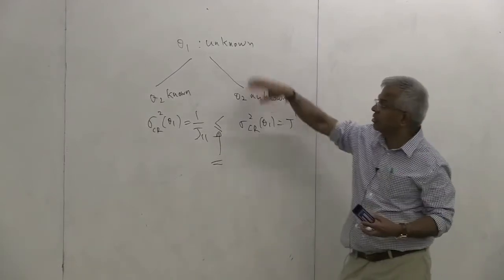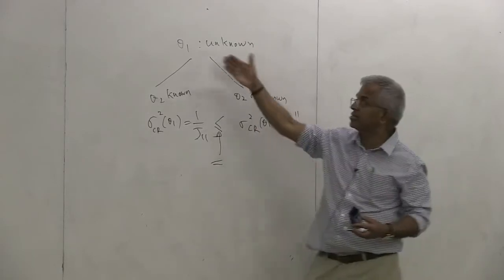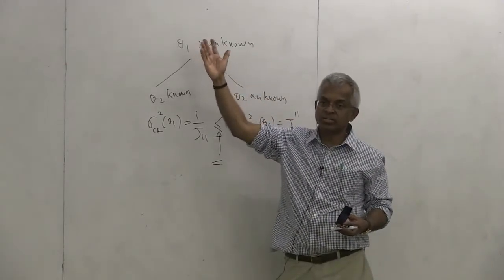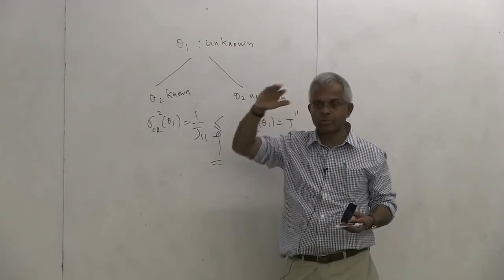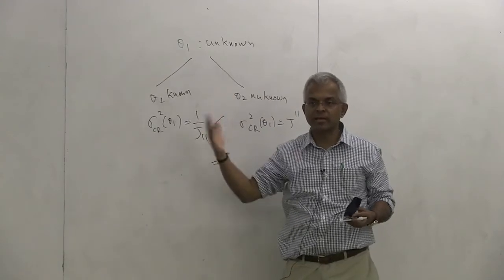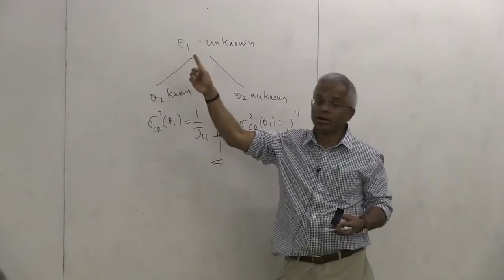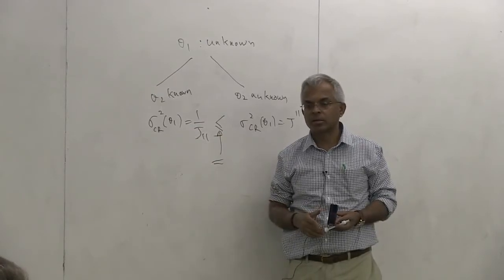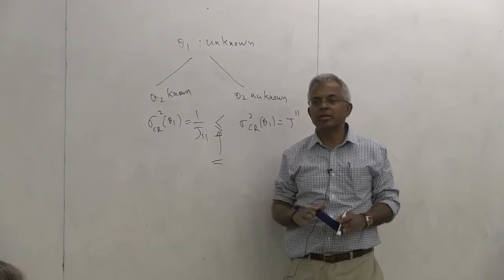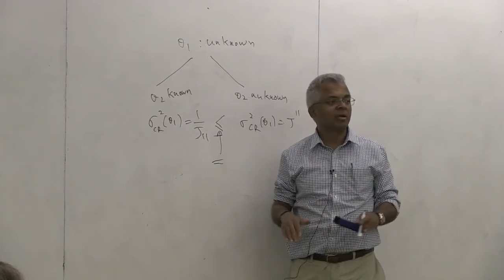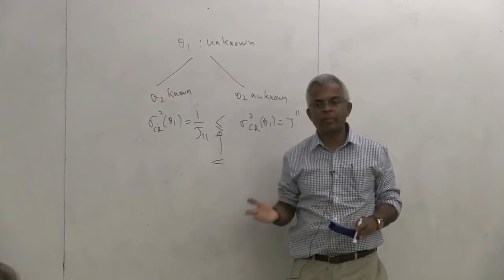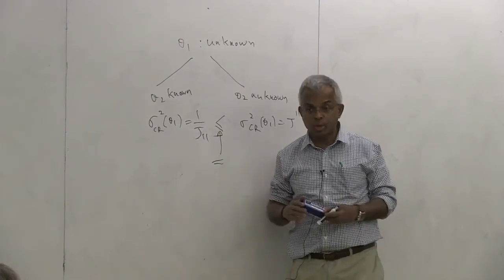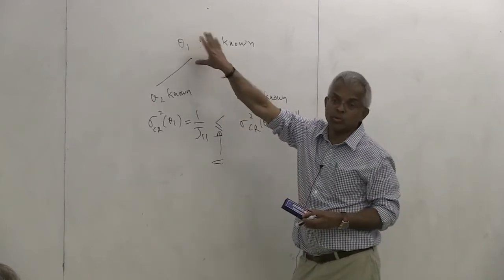Just because you have too many unknowns doesn't necessarily mean the situation is bad. You may be able to do as well as if there were only one unknown. It all depends on the problem. That's all I'm trying to say. A second parameter doesn't automatically make the estimator for the first parameter worse than it would have been had there been only one unknown.